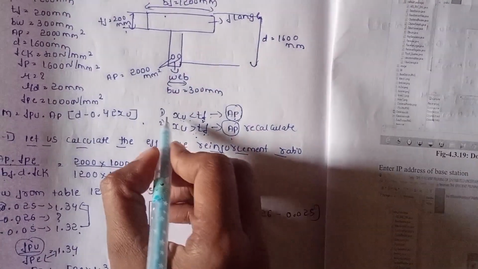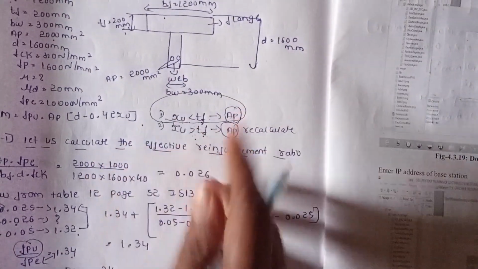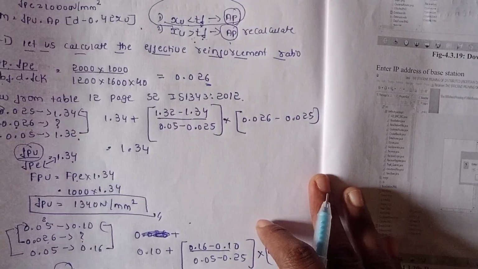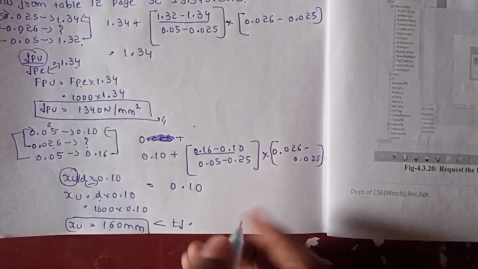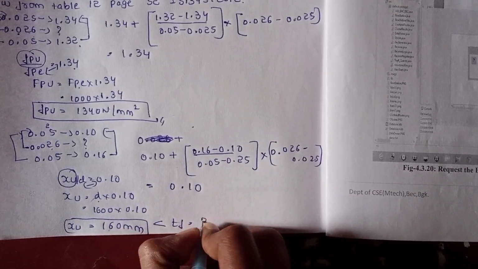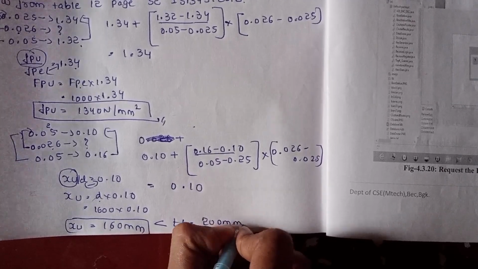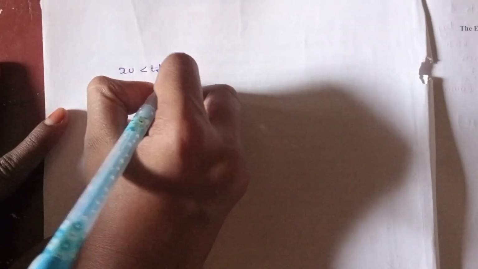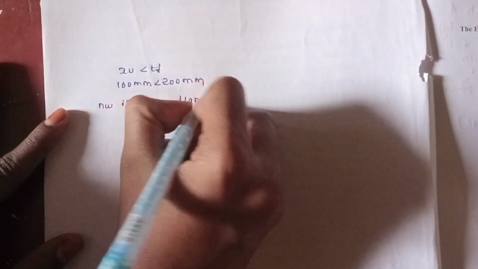It is the first condition, so it is not necessary to find the area value. 160 mm is less than 200 mm, so the neutral axis is within the flange position.